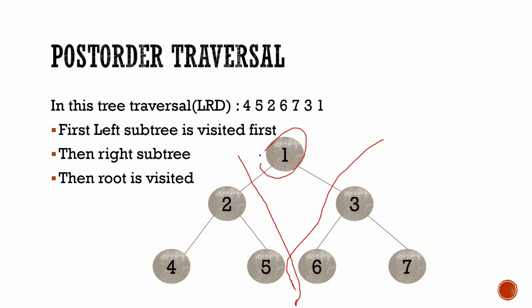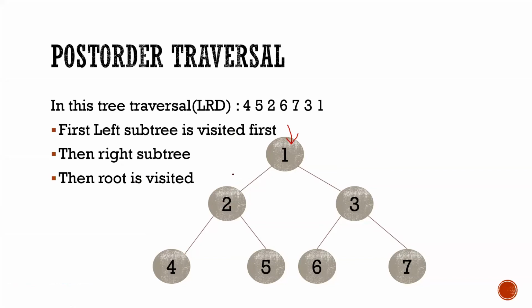So we'll go to the extreme left, that is the 4 here. So for the root node 1, the left subtree is 2 4 5.